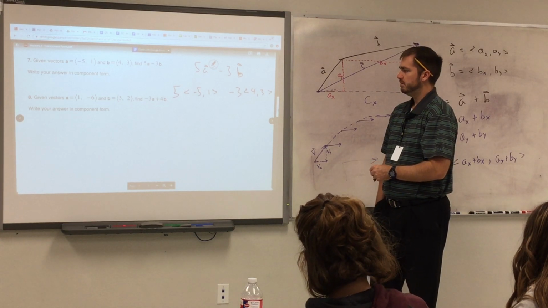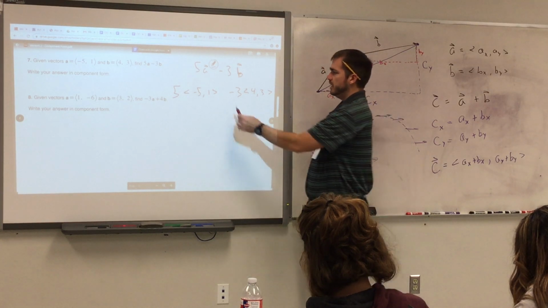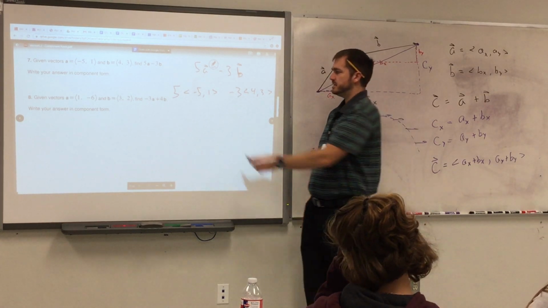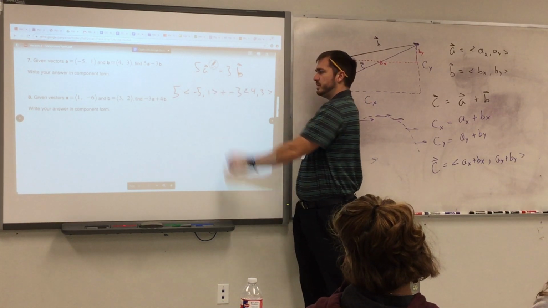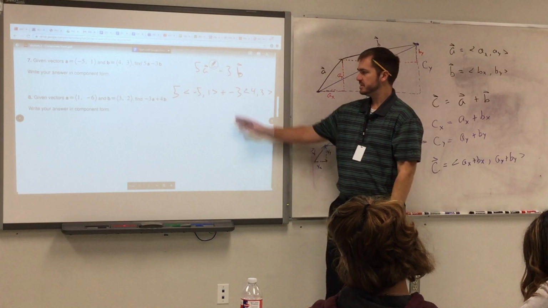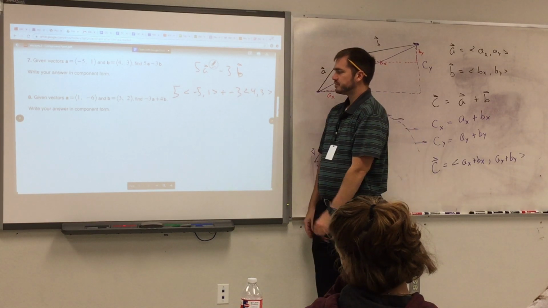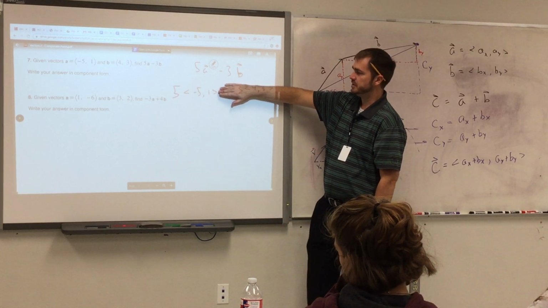All right, now subtracting vectors, just like subtracting numbers in math, is the same thing as adding the opposite. So what we could do is put a plus right there and say this is adding the opposite of this one. And so we'll deal with each part individually.